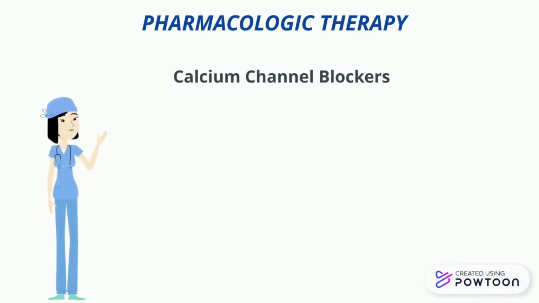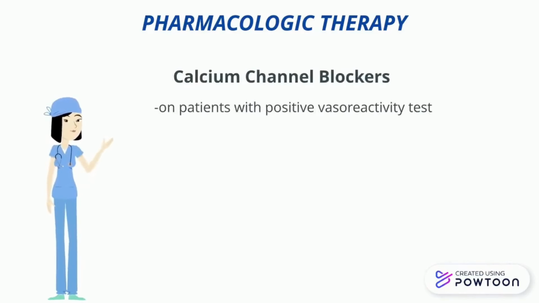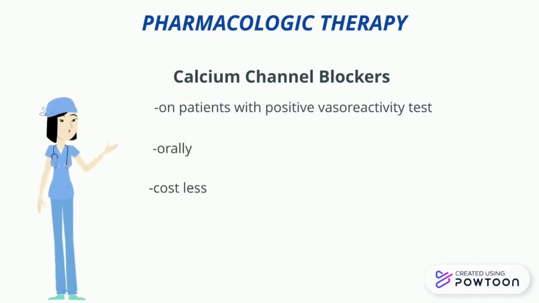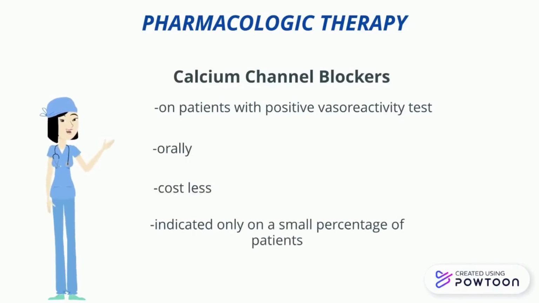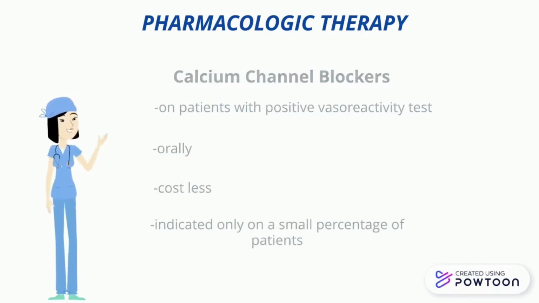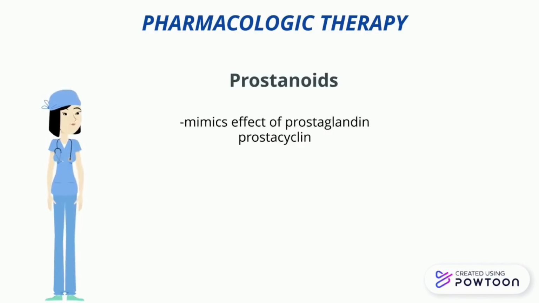Calcium channel blockers are usually prescribed for patients with a positive vasoreactivity test. They are taken orally and generally less costly, but are indicated only in a small percentage of patients. Prostanoids mimic the effect of the prostaglandin prostacyclin that relaxes the vascular smooth muscle.